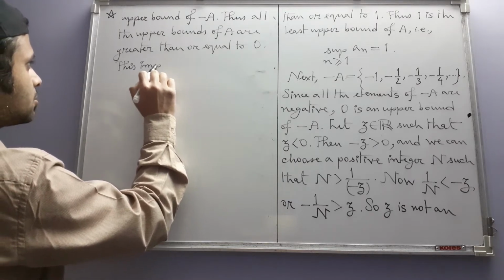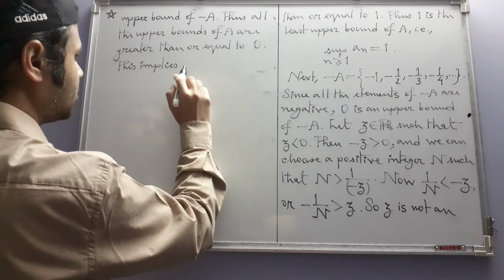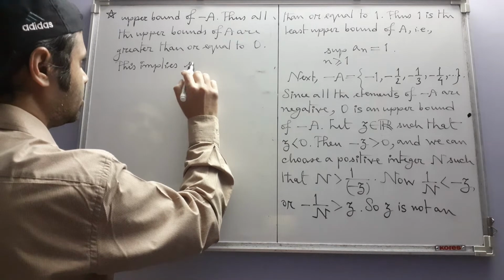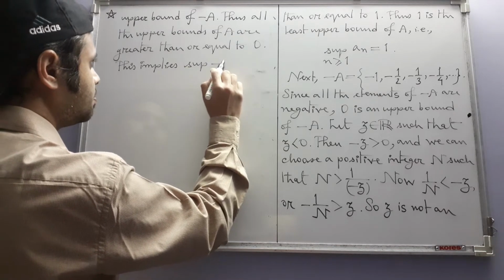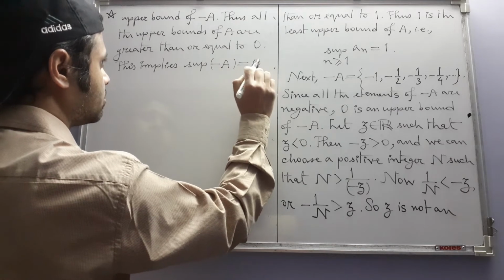This implies 0 is the least upper bound of minus a, or we can directly write supremum of minus a is equal to 0.